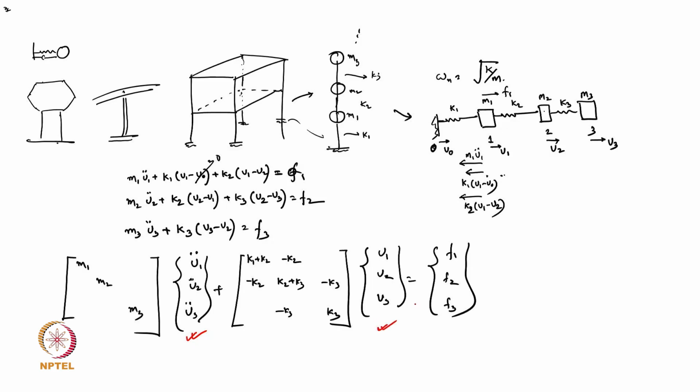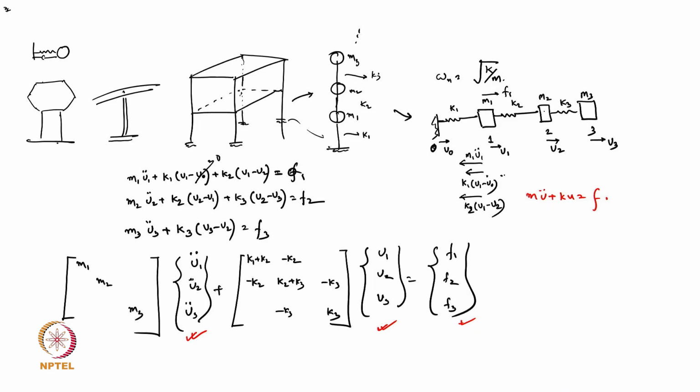Then these are the displacement terms, and these are the forcing terms. Then these acceleration terms get multiplied with the mass matrix, and these displacement terms get multiplied with the stiffness. In a very similar manner, if you recall, m u double dot plus k u equal to force.